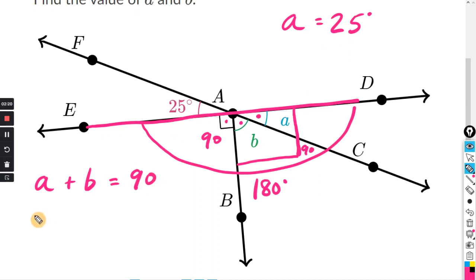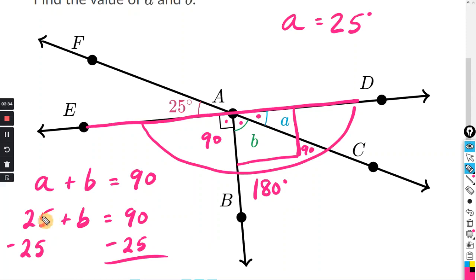But we already said A is 25. Okay, and then you just subtract 25 from both sides. It cancels here. 90 minus 25 is going to be 65. So B equals 65 degrees.